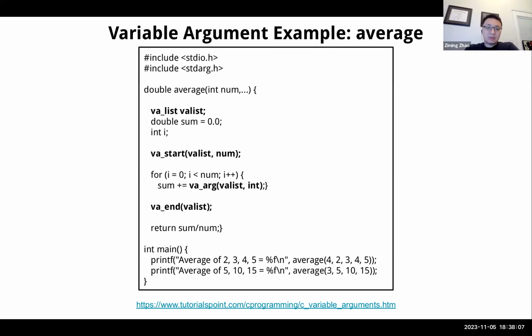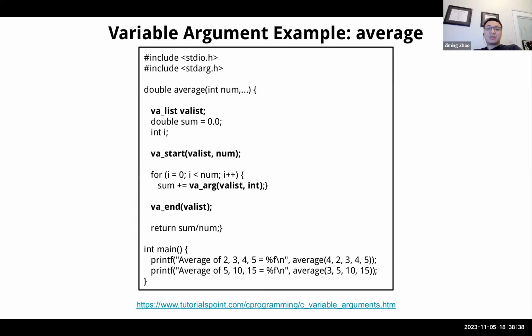doubles, right? There are integers, there are float numbers and double numbers. Here we want to compute the average of several double numbers, and this function is defined this way. In the prototype of the function, the parameter side only defines an int, which is the number of arguments you are going to use when you call this function.